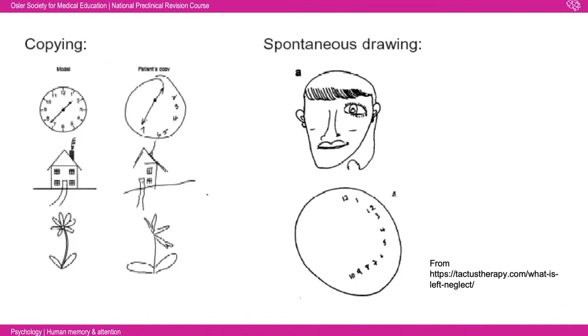Likewise, on the right, someone is being asked to spontaneously draw. And it's interesting to see that it's not the whole of the image that is missed. So the contour of the head and things are there, but just specific things are missed out.